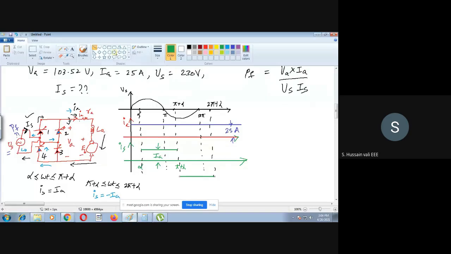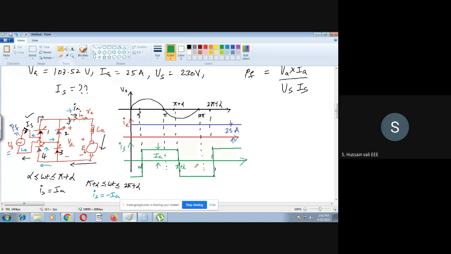So we join this. Then this process will be repeated. So you got a pulse here. You see, you got a rectangular pulse here.